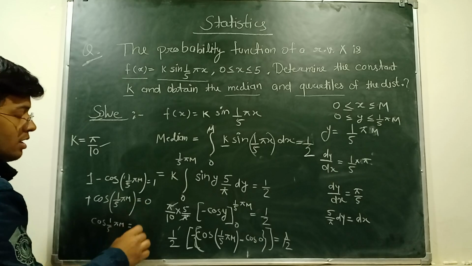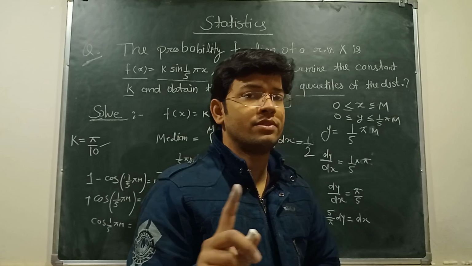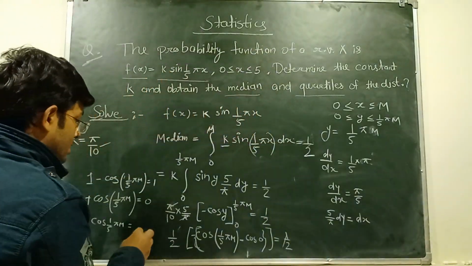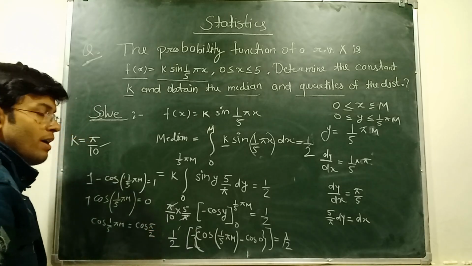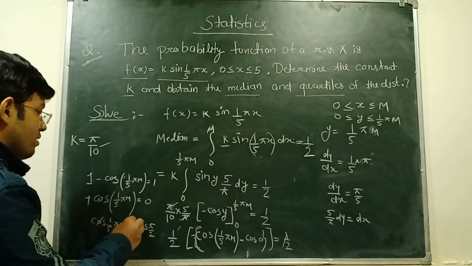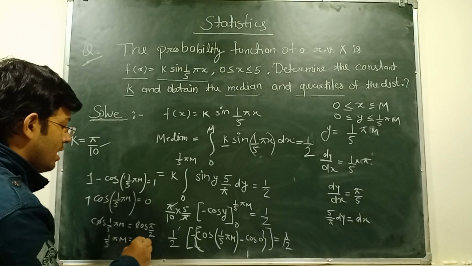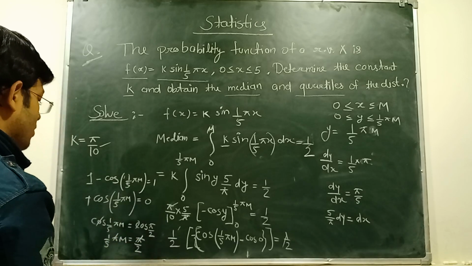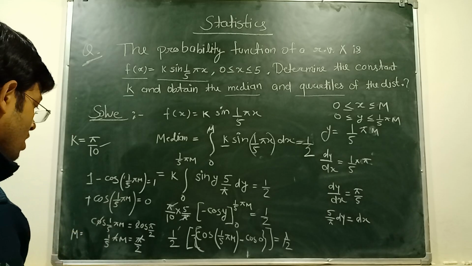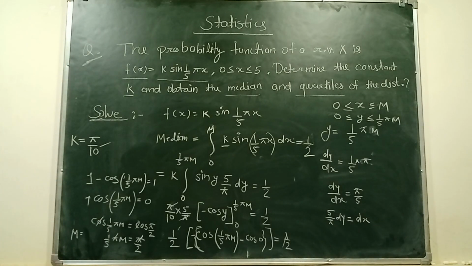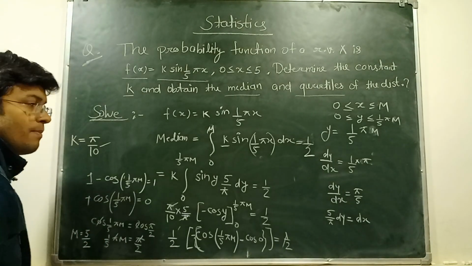In the place of 0 we can write cos 90, whose value is equal to 0, so we can write here cos pi by 2 and cos 1 upon 5 pi m is equal to pi upon 2. So pi is the x, our m is equal to 5 upon 2, so our answer is 5 upon 2.